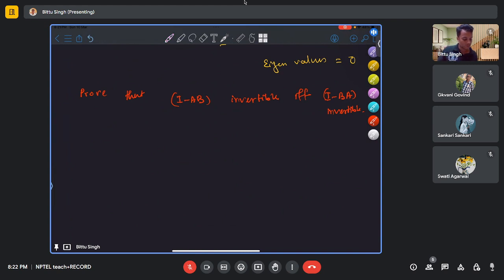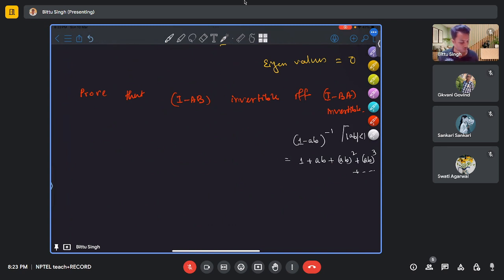Before proving that, let us see an interesting thing. You know that 1 minus x inverse can be written as 1 plus x plus x squared and so on. Instead of x, let us write small ab. The inverse of 1 minus ab can be written as 1 plus ab plus ab whole square plus ab whole cube, and it will continue. This is true when mod ab is less than 1, otherwise it may not be true.